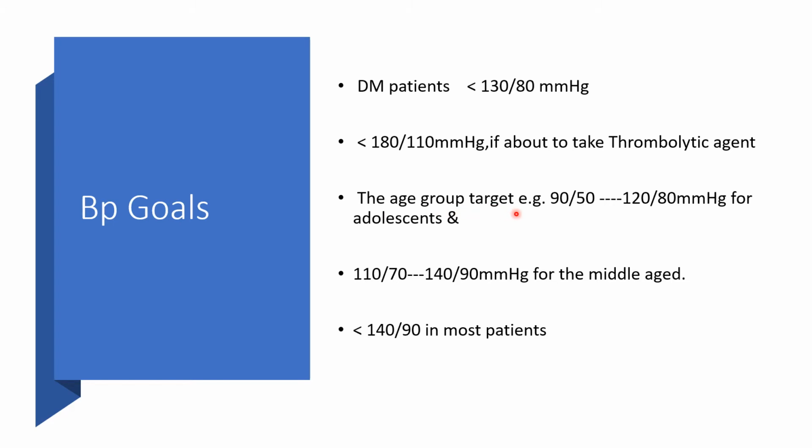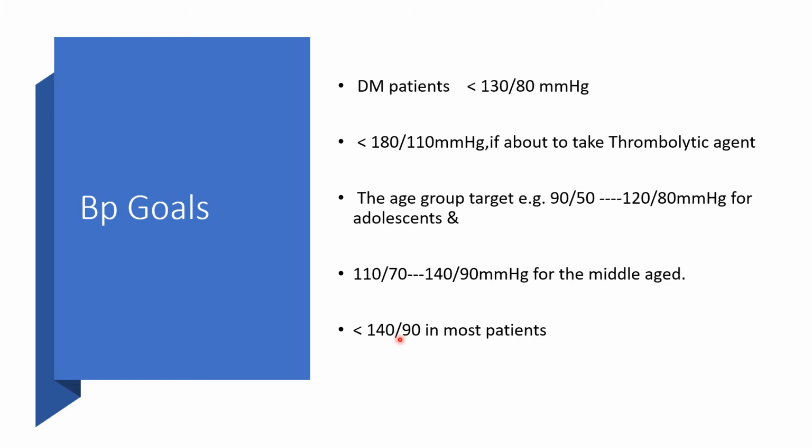For example, if we are dealing with adolescents, then anything 90 over 50 to 120 over 80 should be the range. We don't want it to be lower and we don't want it to be higher than that. Okay. For middle age, 110 to 140 over 70 to 90 will be fine. And for most patients, anything less than 140 over 90 is fine.